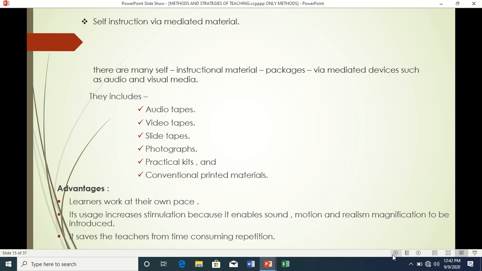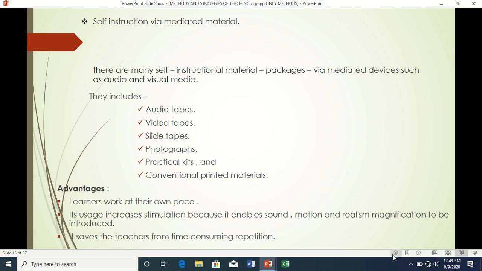You will agree with me that there are advantages when a student decides to use such medium to learn. The first is the learner works at his or her own pace. If you take an audio or video material and you are listening and looking at it, it is at your own pace. There's no coercion from anywhere. Now, the usage of, for example, the videotape increases stimulation.